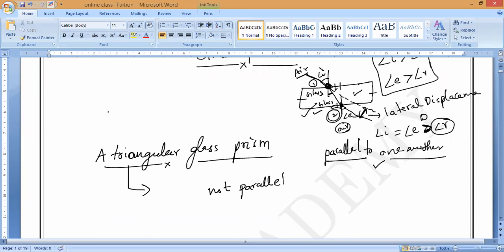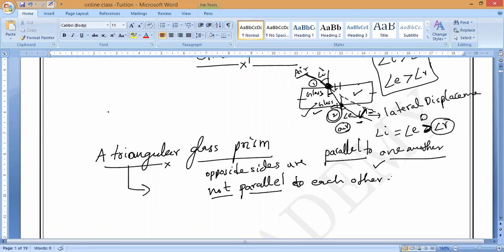Because they are parallel in the slab, the emergent ray is parallel to the incident ray, but here they are not parallel, so the emergent ray is not parallel to the incident ray. Is it yes or no? Opposite sides are not parallel to each other. That is what you have to remember.